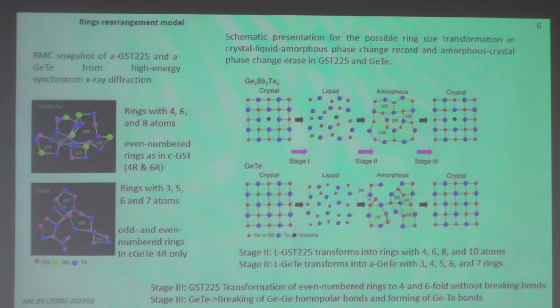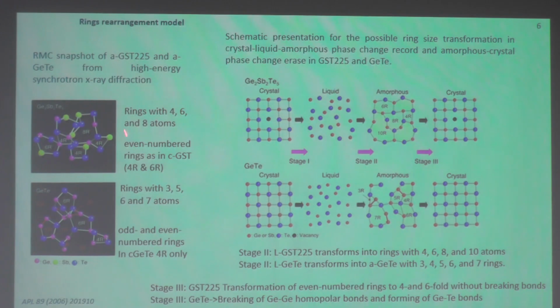The next model is based on ring statistics, or the fact that the amorphous state is built of small units, different rings. You know already about this. For your recall, this is a structure model from RMC and synchrotron data for GST225 and germanium telluride.